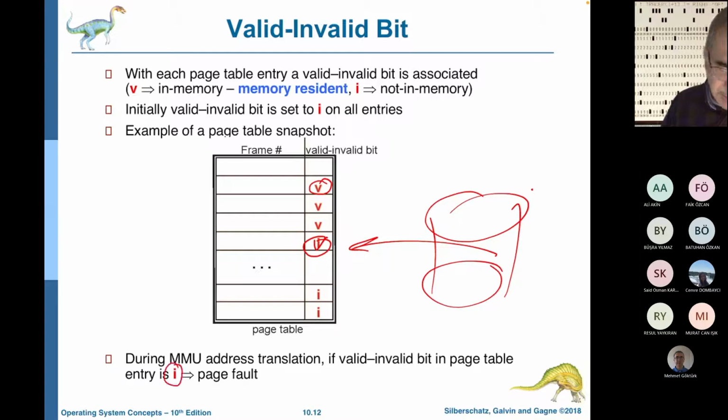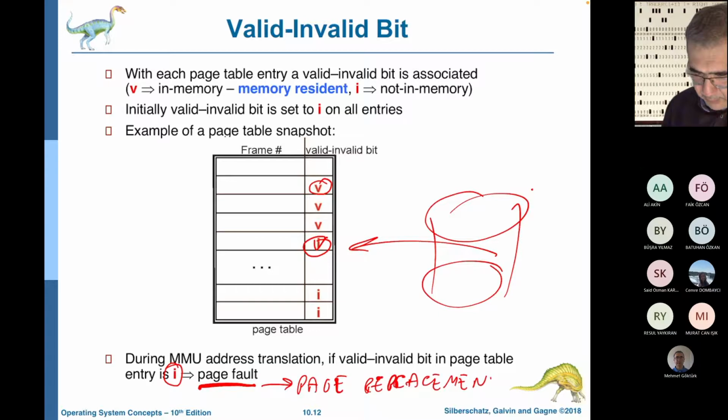If there is an invalid page during the address translation, during the address generation, we call this issue a page fault, and then the page replacement algorithm is executed.